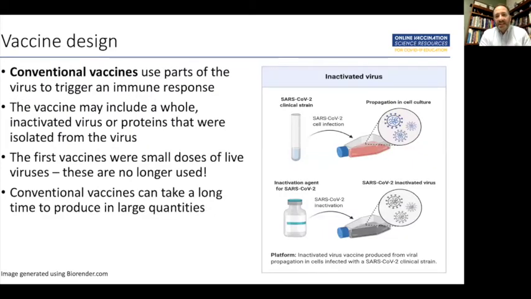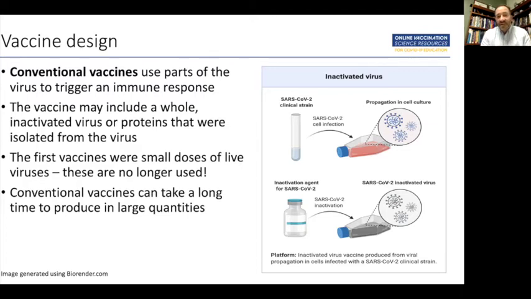So conventional vaccines, again, use parts of the virus to trigger an immune response. They might be whole or inactivated proteins or the entire virus. And many early viral vaccines were based on these technologies, and very effective ones as well.